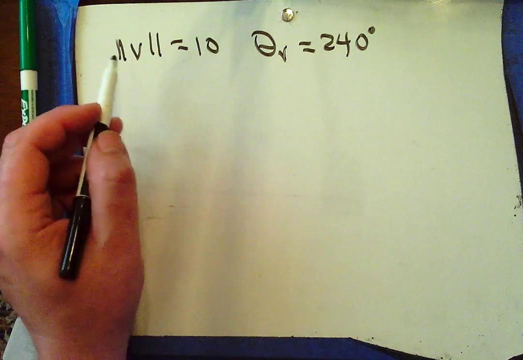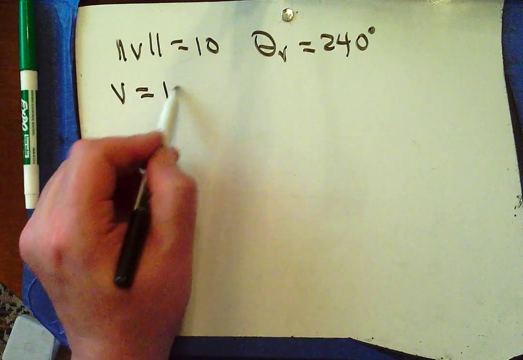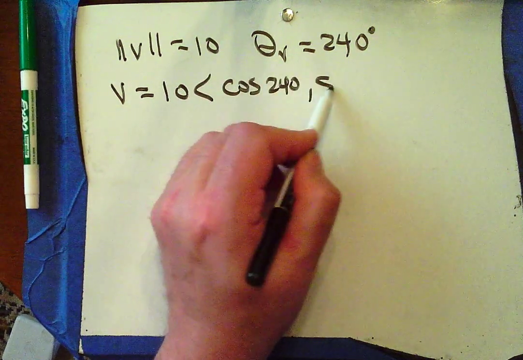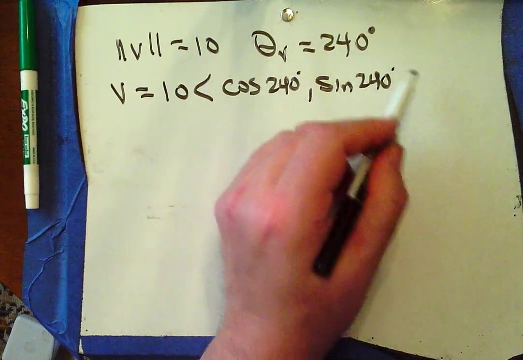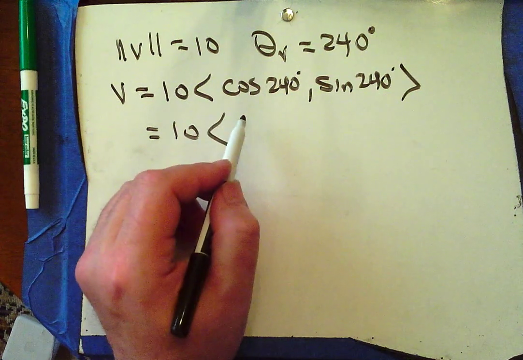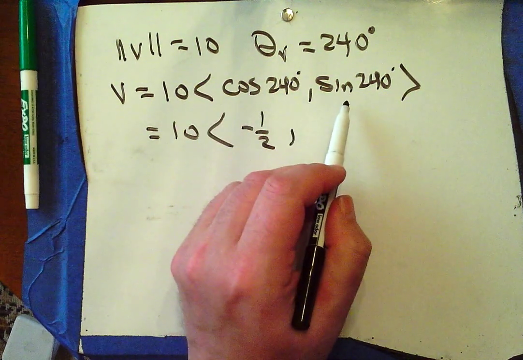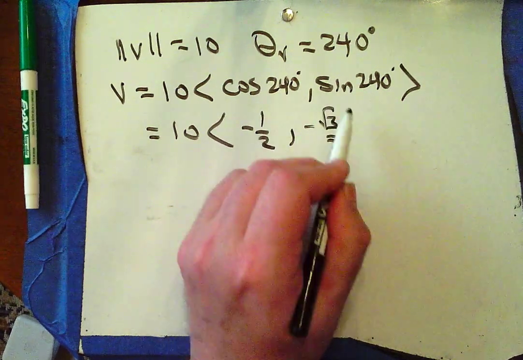Welcome back. So I've got v equals 10 cosine 240, comma, sine 240. We know the cosine of 240 is negative 1/2, and the sine of 240 is negative root 3 over 2.